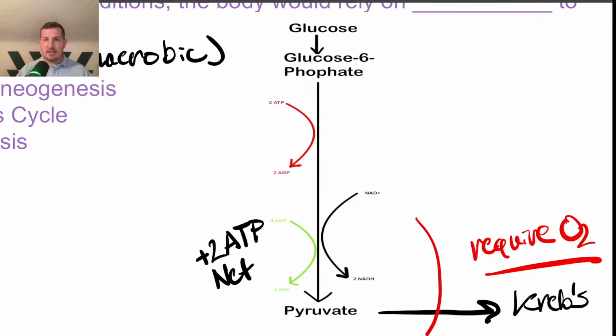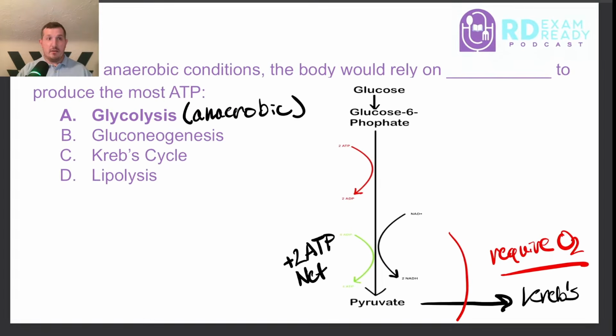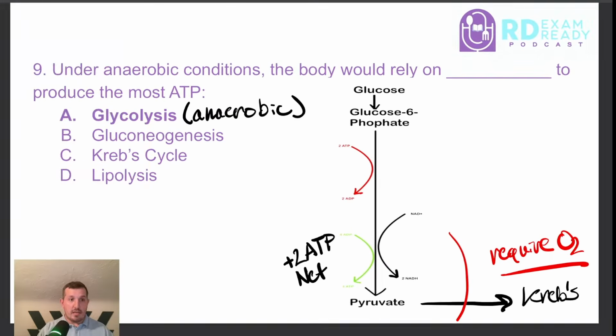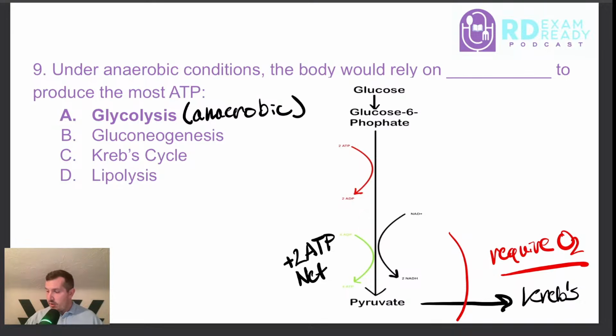There's no way I can go to Krebs if I'm in anaerobic conditions, meaning I am only limited mostly to glycolysis as my best way to yield energy, okay? Because what you'll do is you're going to create 2 ATP. Then the next time you run a glucose through, you're going to create 2 ATP every single time doing that process.